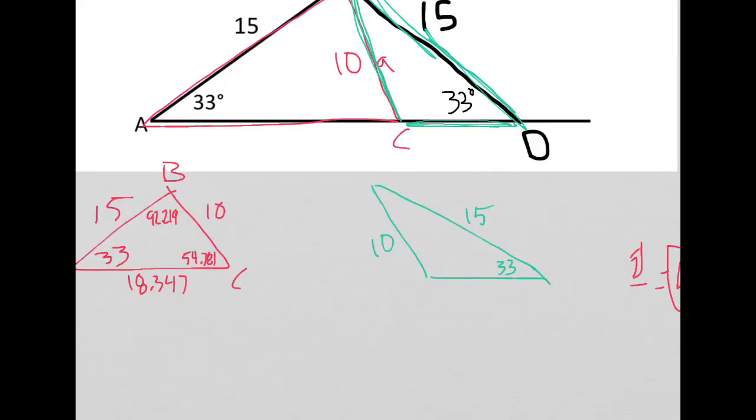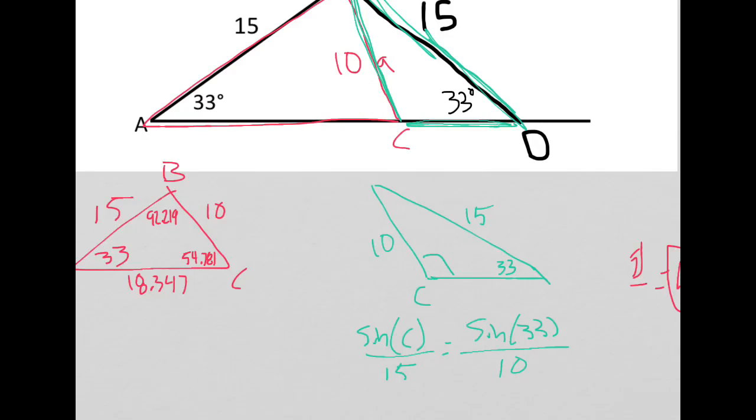What can we do? Well, let's see if we can use the law of sines. The law of sines says you can find a fourth piece of information opposite something you know. That means we'd be finding that angle right there. But that is a big problem, because if we set this proportion up, we would say that the sine of angle C over 15 equals the sine of 33 over 10.